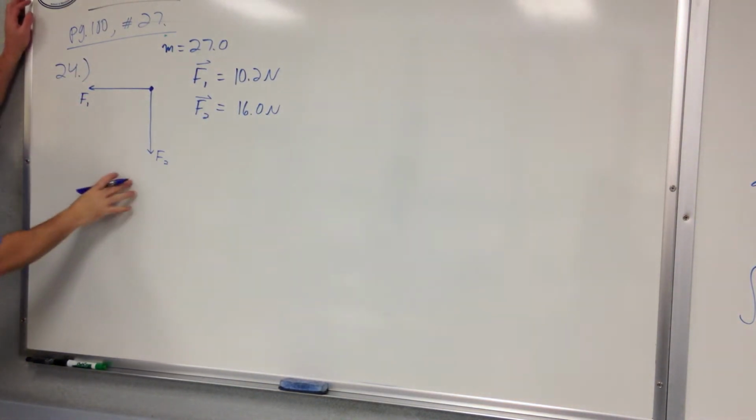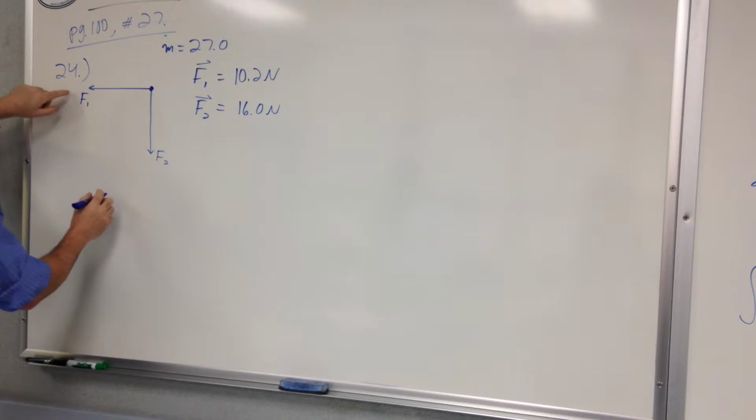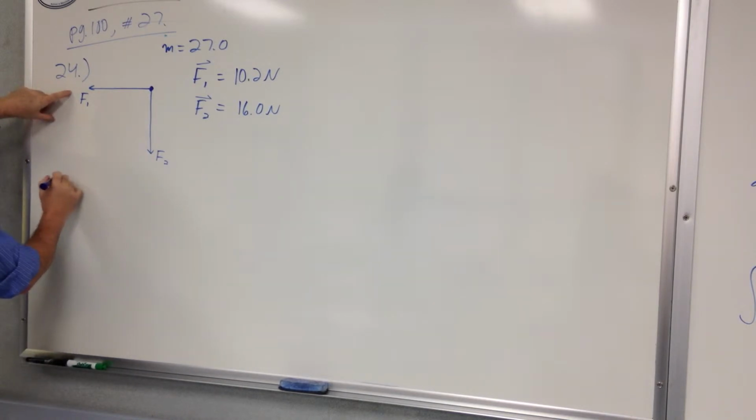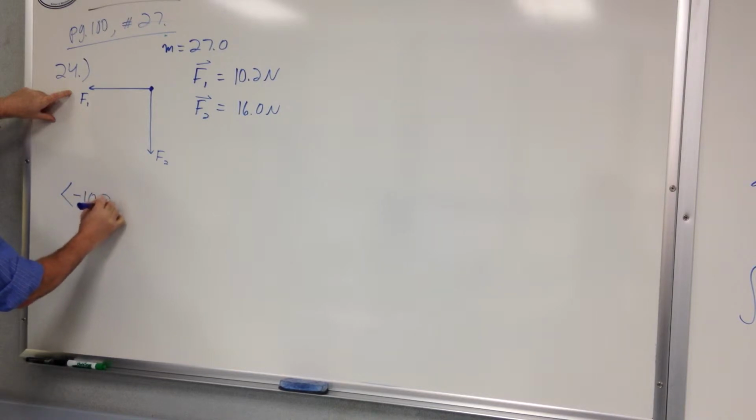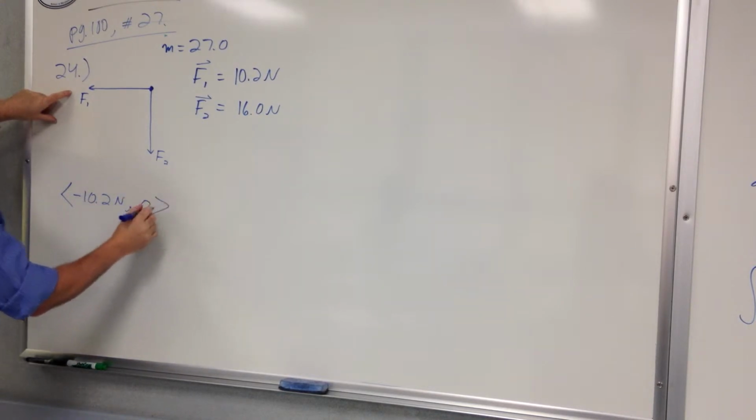Okay, if we look at these two vectors in component form, the vector F sub 1 looks like it's negative 10.2 newtons going to the left, that's why I made it negative, and 0 newtons up or down, correct?